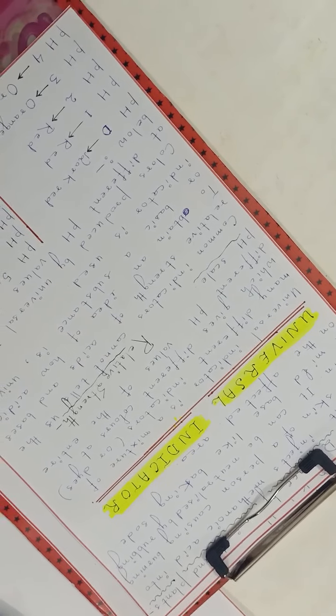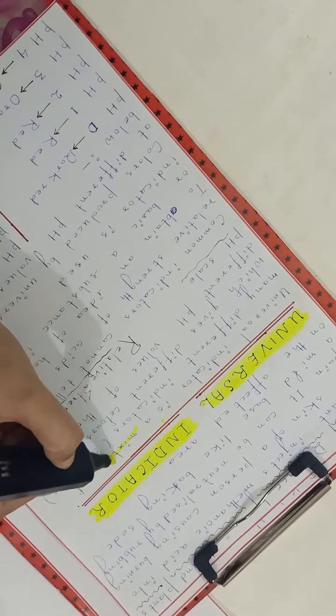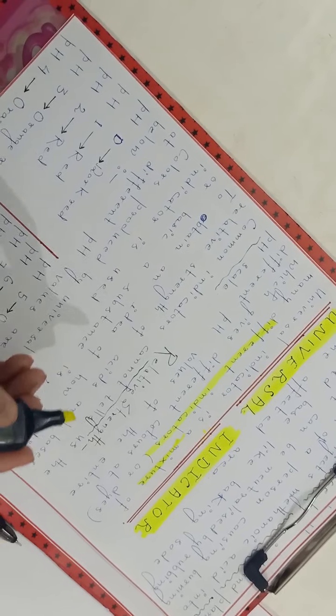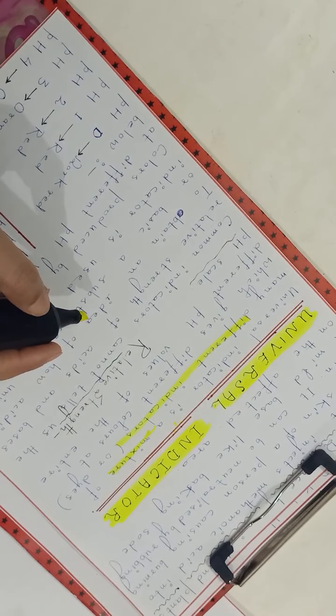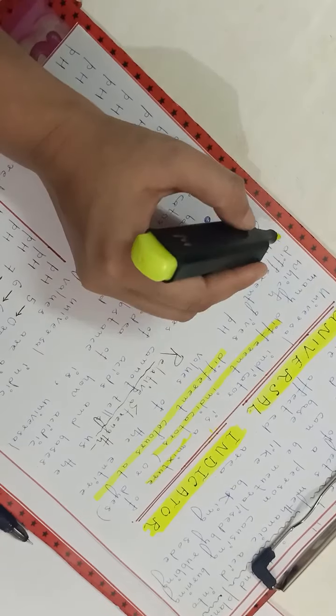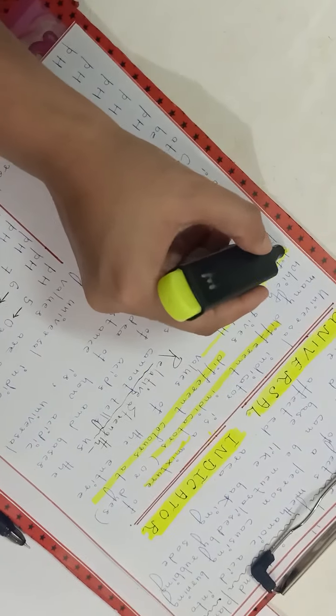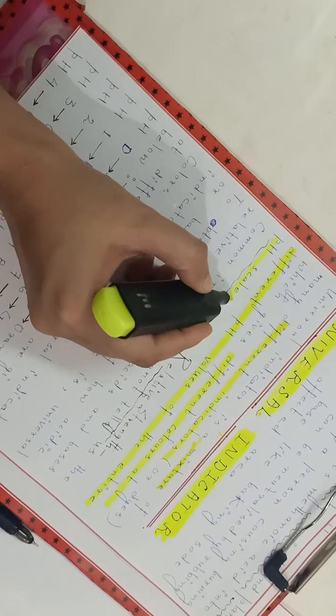Now coming on to the definition of universal indicator. Universal indicator is a mixture of many different indicators, and as a result of this, it gives different colors at different pH values, over the entire pH scale.